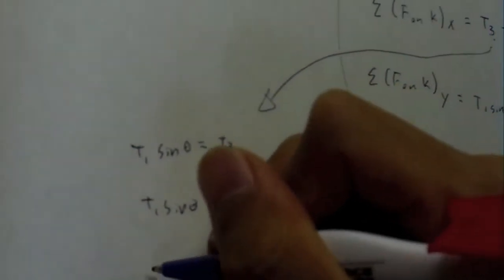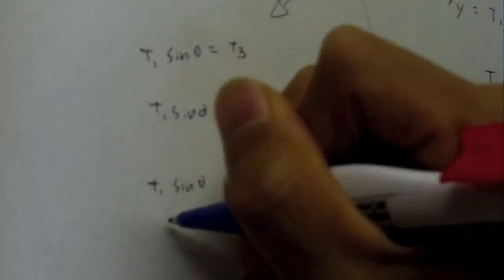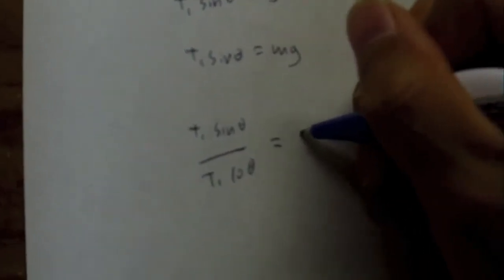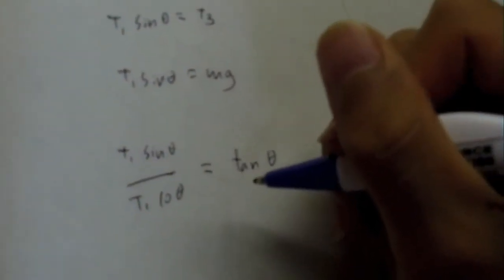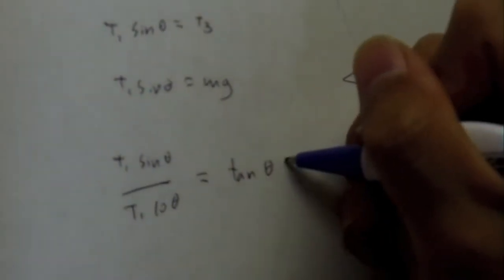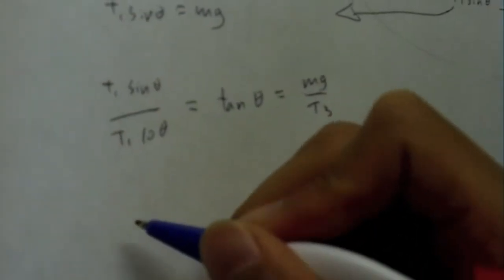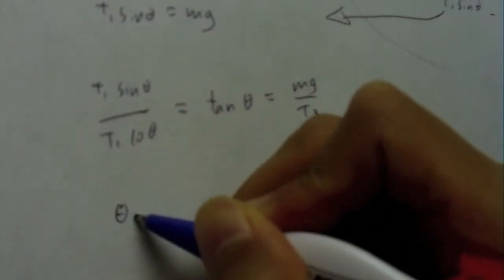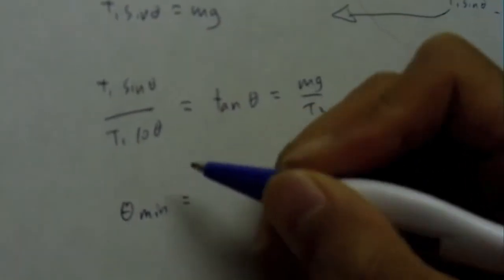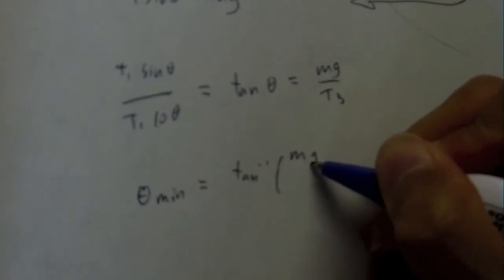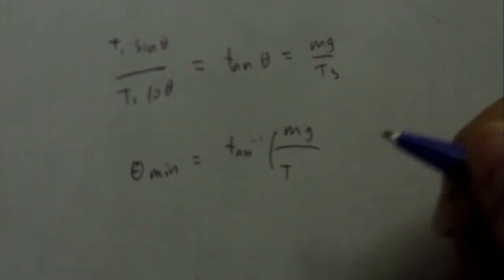So if we do T1 sine theta over T1 cosine theta, it's going to be tan theta, which is going to equal mg over T3. Okay, so if I solve this, theta minimum is going to be tangent inverse of mg over T3.